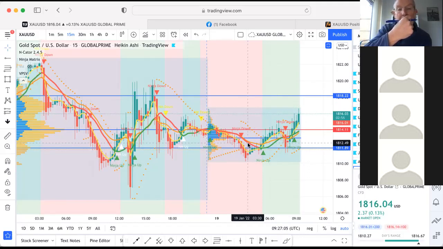What I'm looking for as a final confirmation to get into this buy is for the yellow moving average to be above the green 13. And ideally, I'd also like both the 5 and the 13 to be above the 20. That to me is an ideal situation.